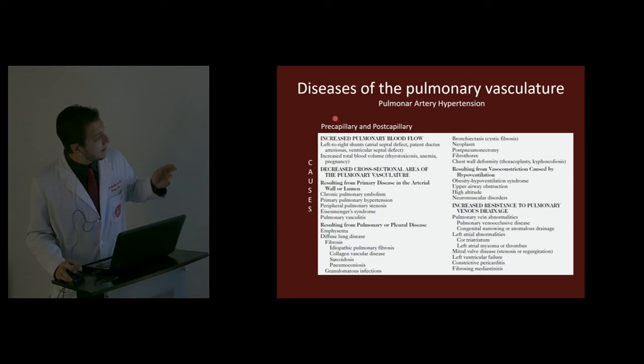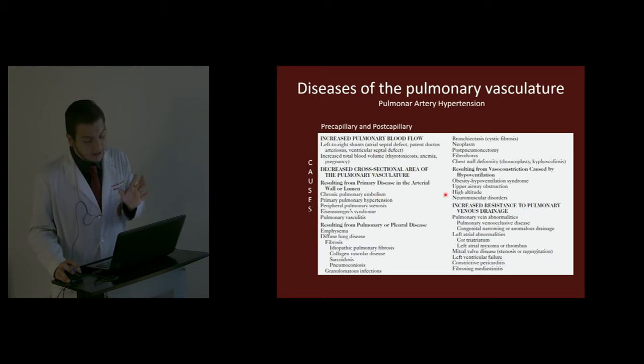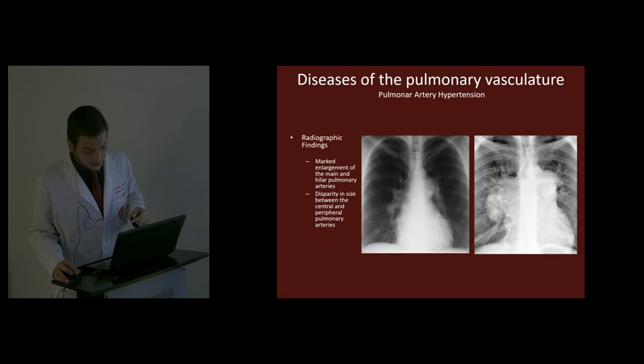In the precapillary type, there is increased pulmonary blood flow or decreased cross-sectional area of the pulmonary vasculature, and in the postcapillary type, there is increased resistance to pulmonary venous drainage. It is important to understand these two types of pathophysiology because there are some radiological aspects that we can have, specifically in the postcapillary causes of pulmonary arterial hypertension.